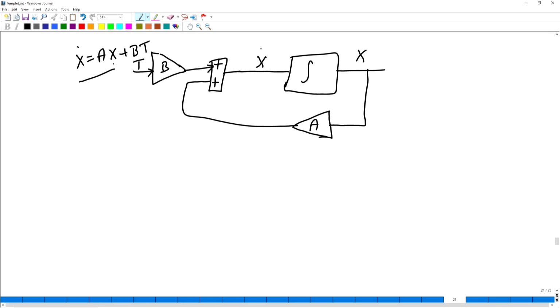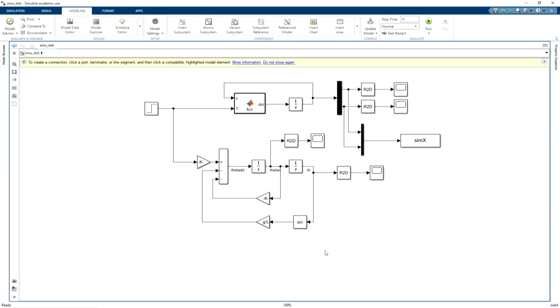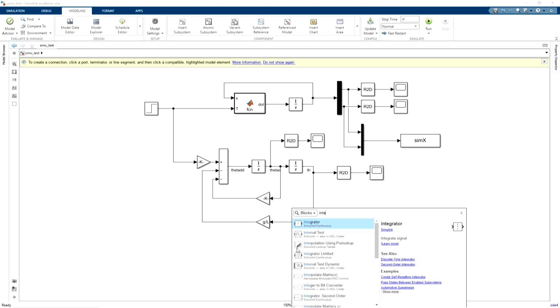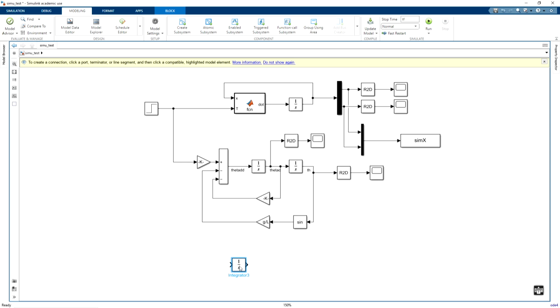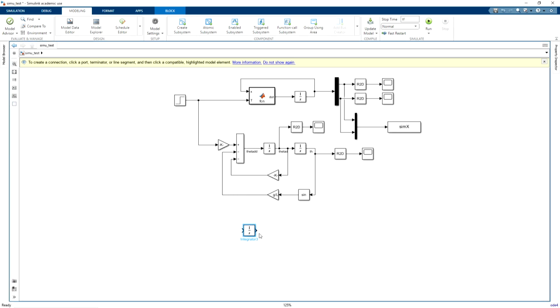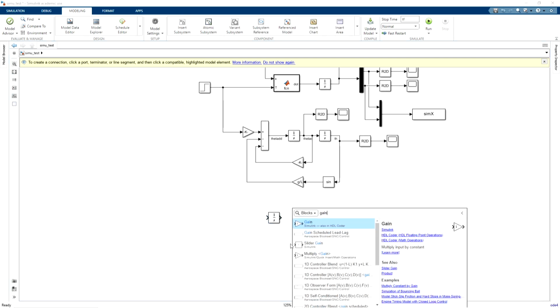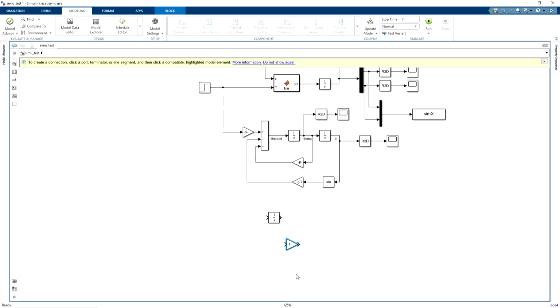Now let us quickly plot this in Simulink. Till here we have done in the previous lecture. Now we have only one integrator. We have initial condition x naught, writing gain K, control input.